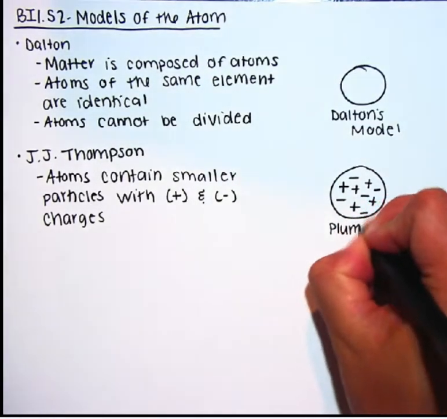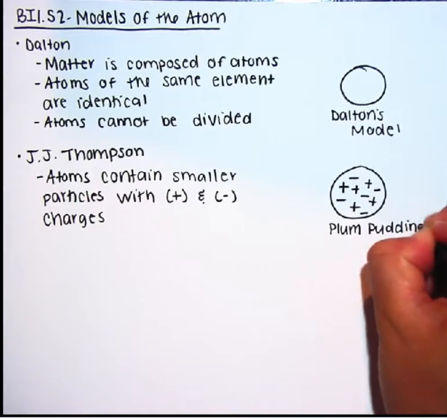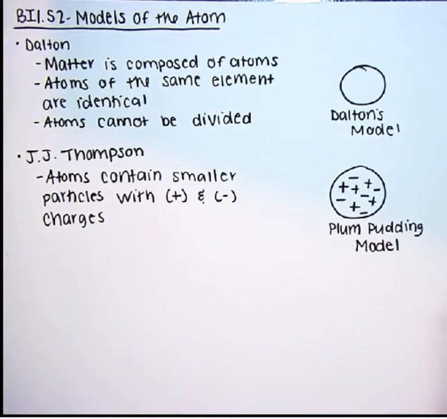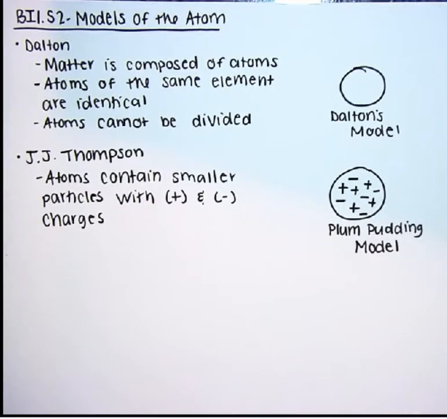Thomson's model is called the plum pudding model. So plum pudding is probably something that most of us are not familiar with. So the example that I like to use is a blueberry muffin. If you think about a blueberry muffin, the actual muffin part of it is kind of like that positively charged material.